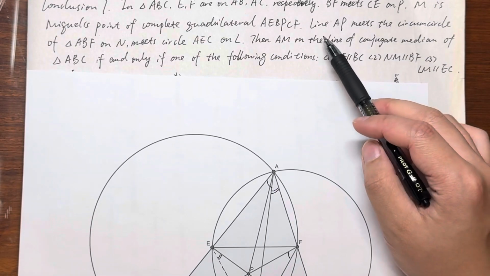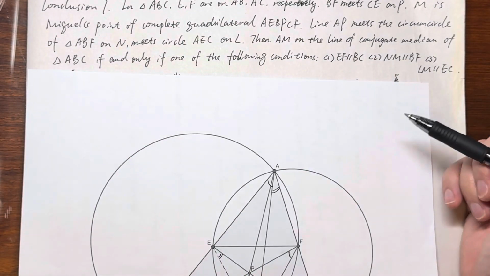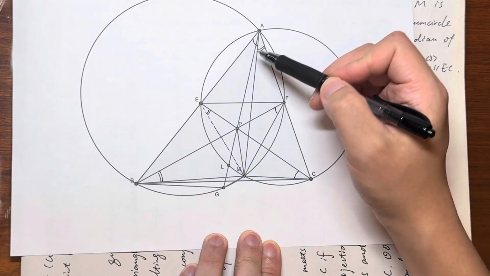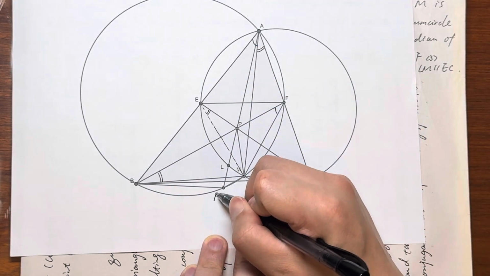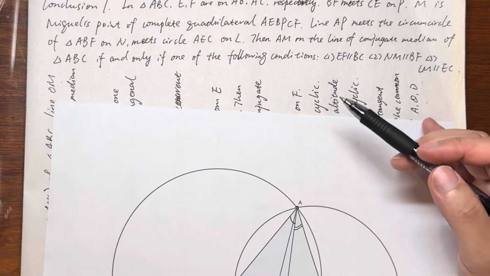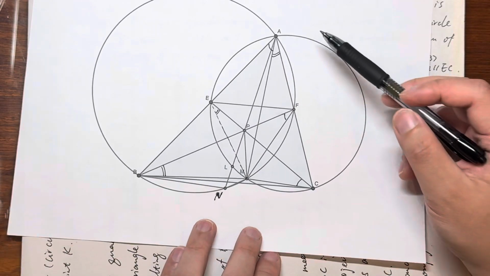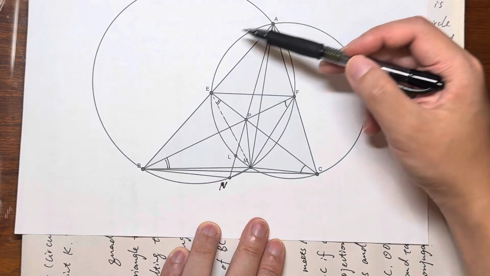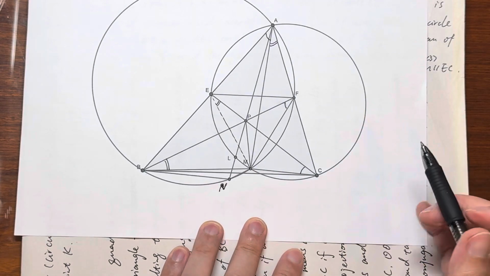The only difference is that line AP meets the circumcircle of triangle ABF, which is this circle, at N. And the same line meets the circle AEC at L.